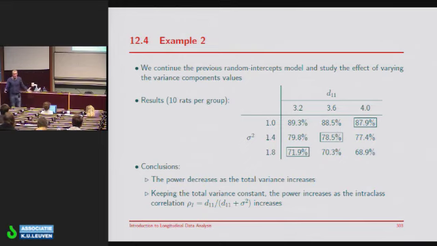The more correlation, the better. Of course, there's nothing you can do about that. There's a lot of correlation, or there's very little correlation in the type of outcomes you're studying. You cannot influence that. But it's just to see what happens if there's a lot of correlation or if there's very little correlation. So the more correlation here, the better.